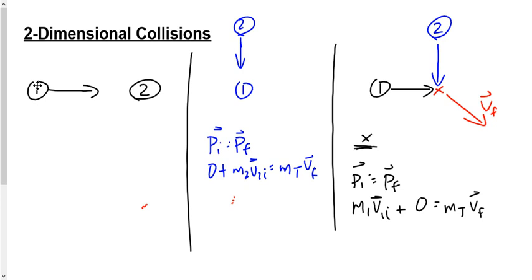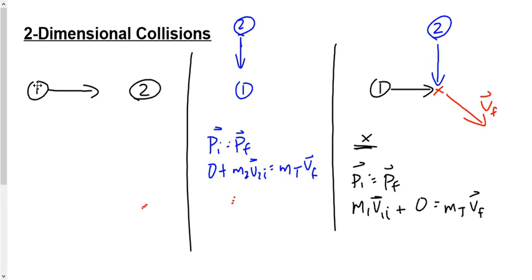Why do we still have the 0 here? Why do we still say 0 right here? Good. We're analyzing the x component here. X is horizontal, right? Left, right. How much of object number 2 is moving horizontally? None.